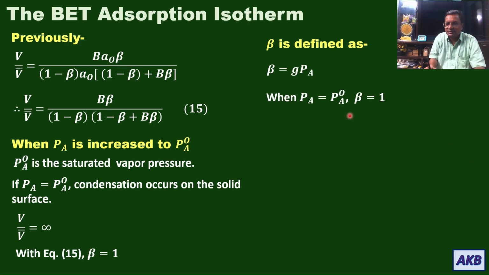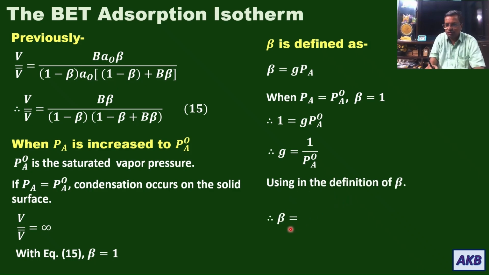And when PA is equal to PA naught, beta is equal to 1. We have understood this. So that means 1 will be equal to G into PA naught, that is, G will be equal to 1 upon PA naught. So now I can replace this for G in the definition of beta, and you have beta equal to PA upon PA naught.